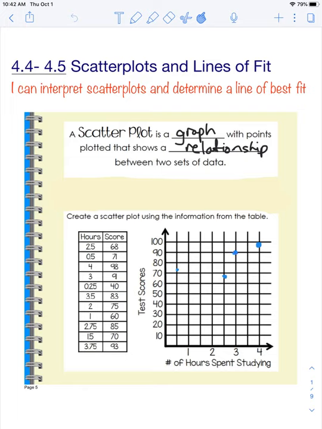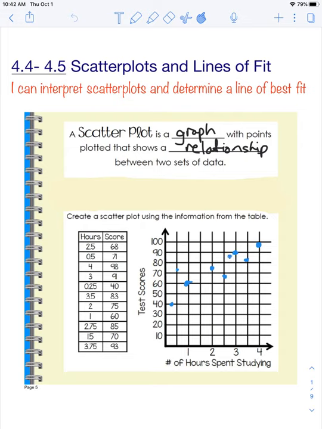Next one is 0.25 hours, 1/4 hour, and a score of 40. Person could have studied a little more. Next one, 3.5 hours, score of 83. Okay, next one, 2 hours, score of 75. 1 hour, score of 60. 2.75 hours, score of 85.